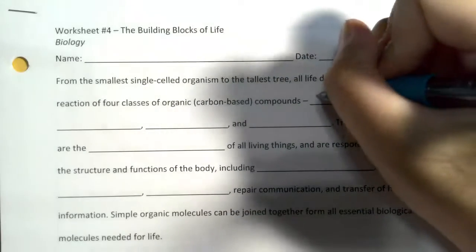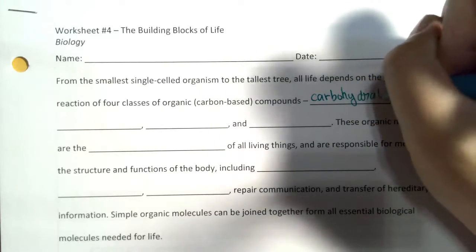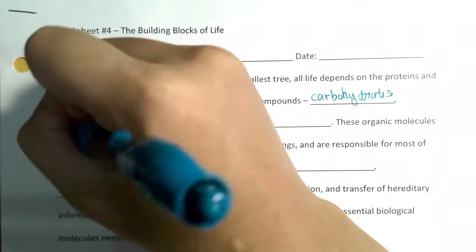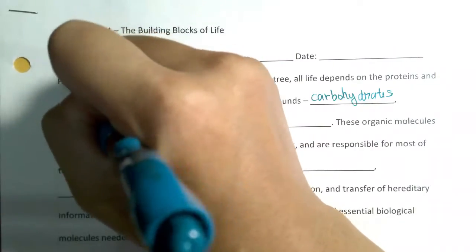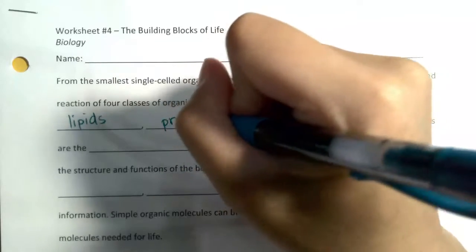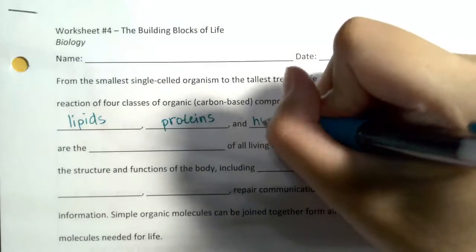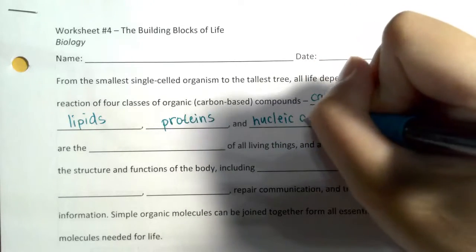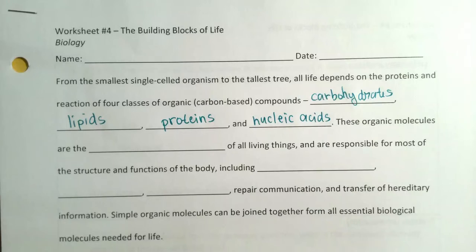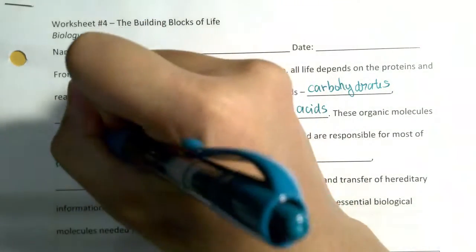They are carbohydrates, and then we have lipids, followed by proteins and nucleic acids.